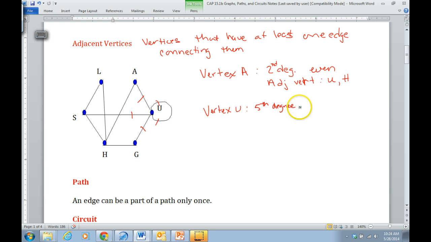Okay. And it is considered an even or an odd? Odd. And the adjacent vertices to that would be A, what else? S, and G. Okay?